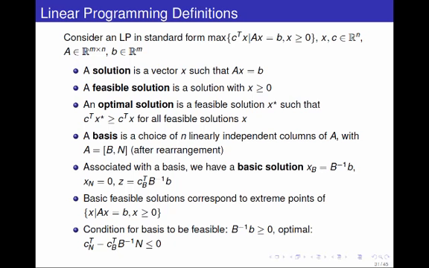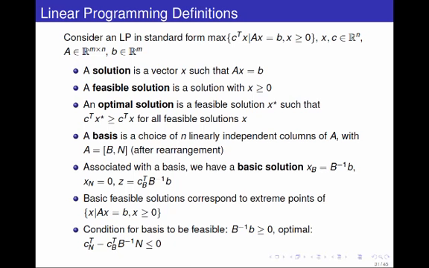So when we write out the linear system, what we get here is B x_B plus N x_N equals b.